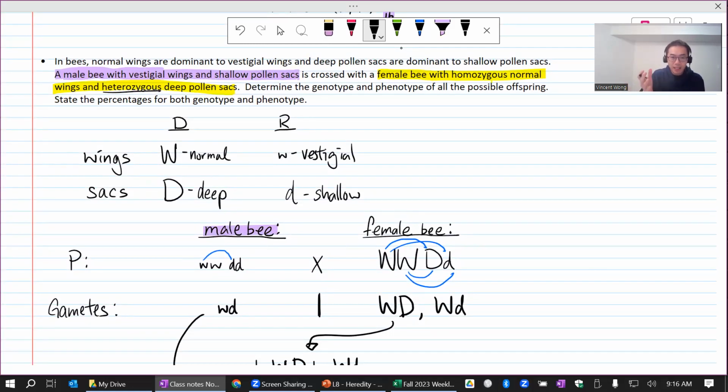As soon as you have a big W in it, it becomes normal wings, right? So the B has vestigial wings, it has to be little w. Same thing, shallow pollen sac. That's a recessive trait, which means it has to be little d. There are no other possibility. That's how I came up with the genotype for the male B.